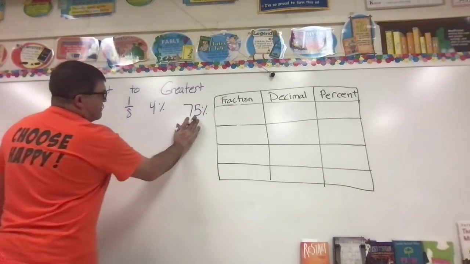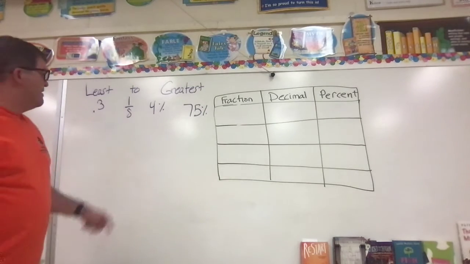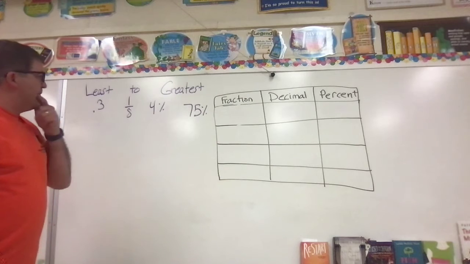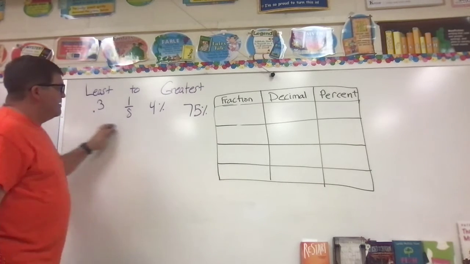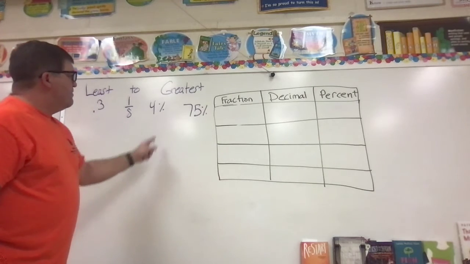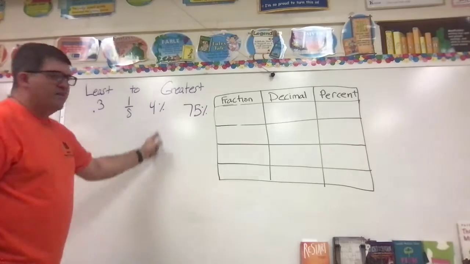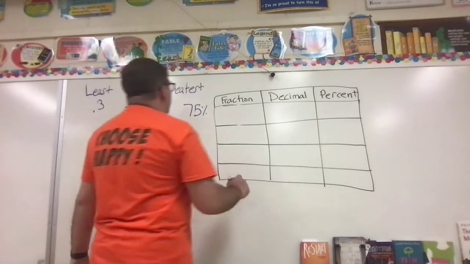Right away, I know that 75% is bigger than 4% because those are both percents. These two, not quite sure. So if I'm going to compare these 4 numbers, I'm going to get them all to be either all fractions, all decimals, or all percents. And I'm going to go with percents.